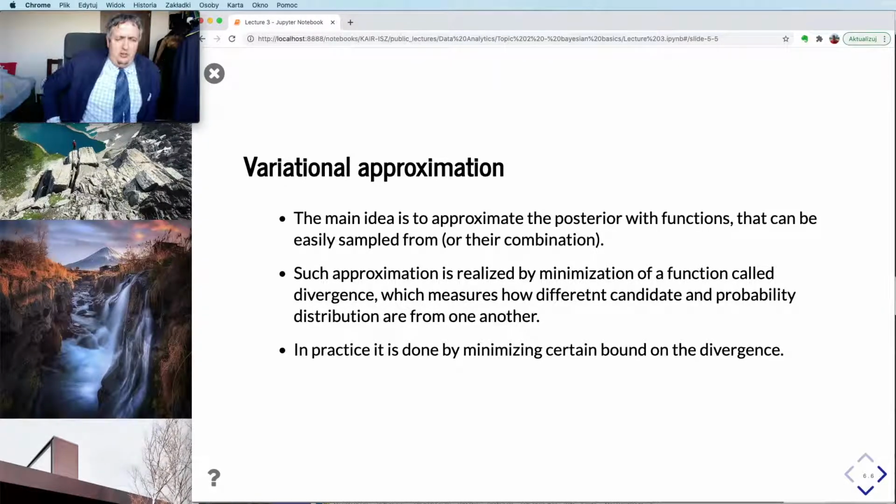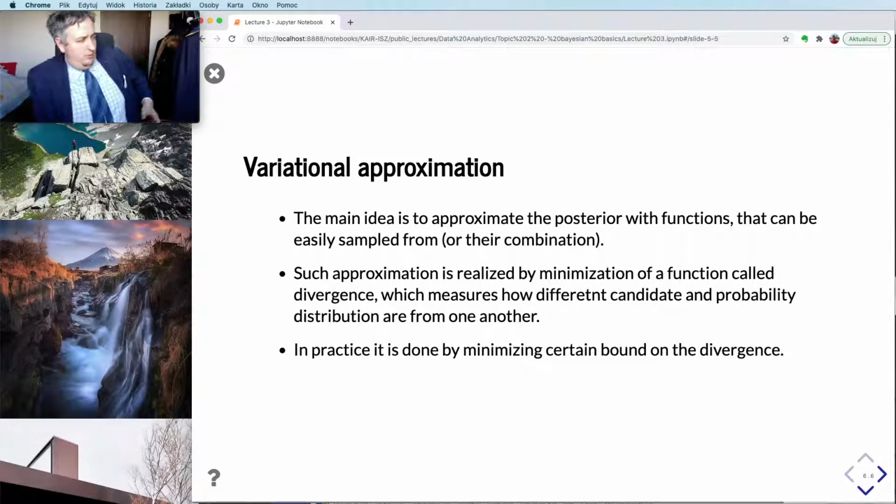The idea is that we don't know how to sample from our posterior distribution, but we have a family of functions that we know how to sample. So let us approximate our posterior with a sum of such functions with certain coefficients.